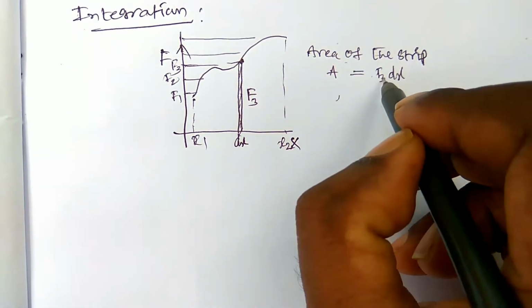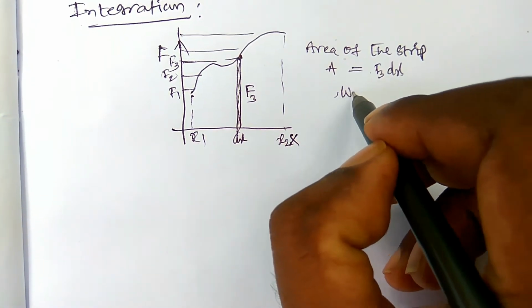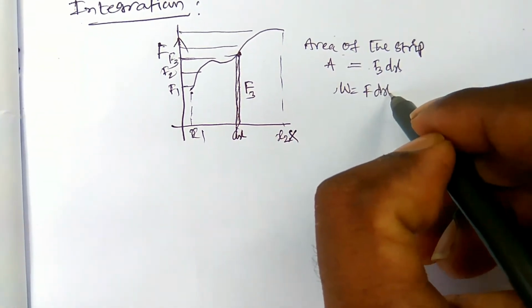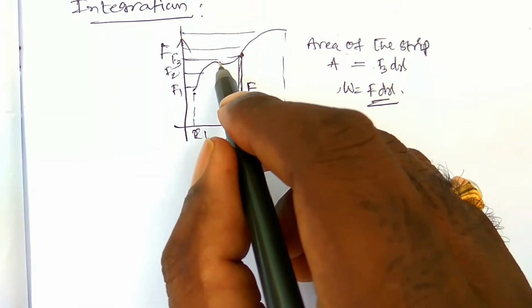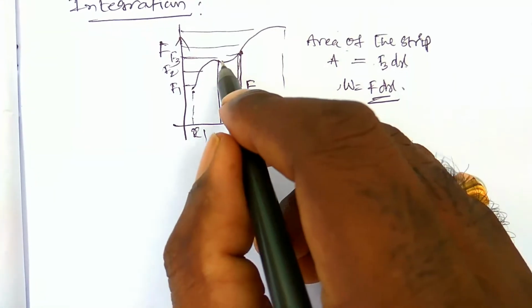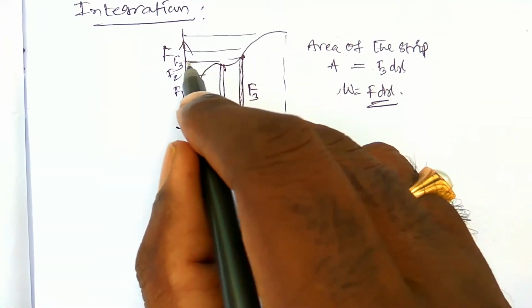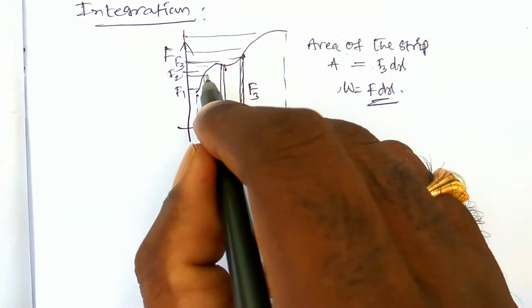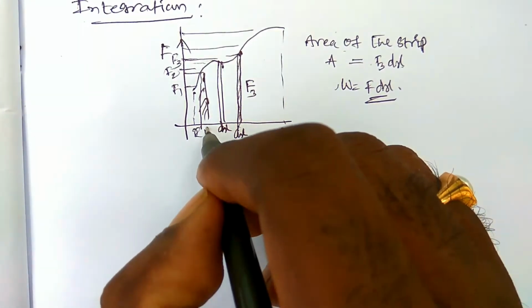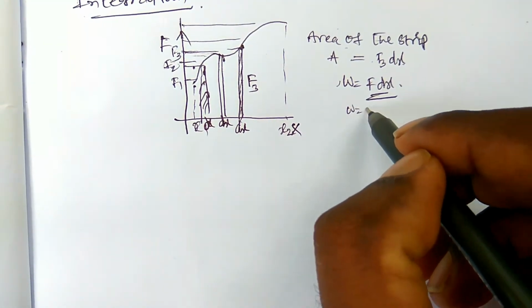So this can be given as f into dx, it is nothing but work done, right? So this is W, f into dx. Suppose this is another element having the breadth dx, for example, this is f2. Then the work done should be W is equal to f2 into dx.